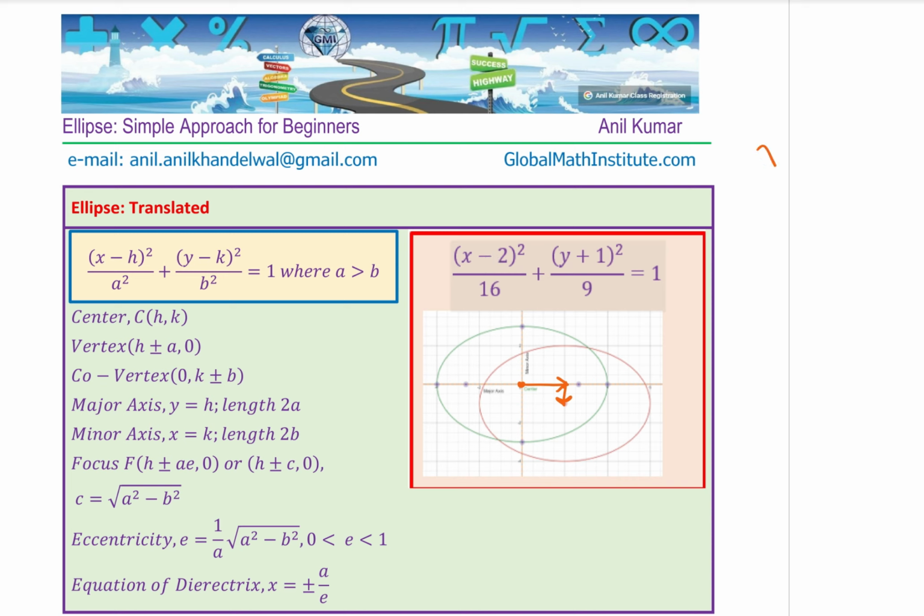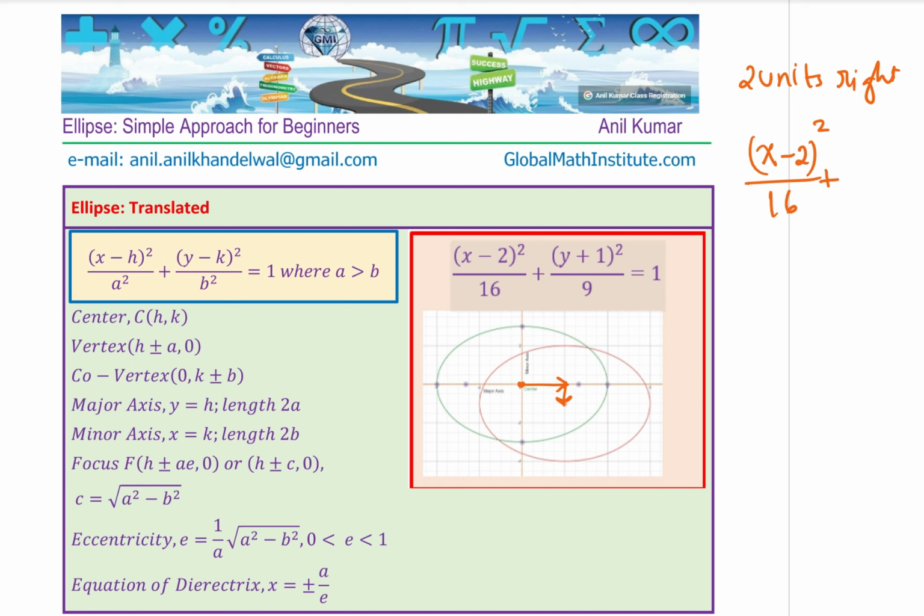So what is really happening is that when you use 2 units right, the numerator now becomes x minus 2 whole square. Well, the a value is how many units away the center is from the vertex. That is given to us as 16. But the important thing here is about translation, moving 1 unit down.